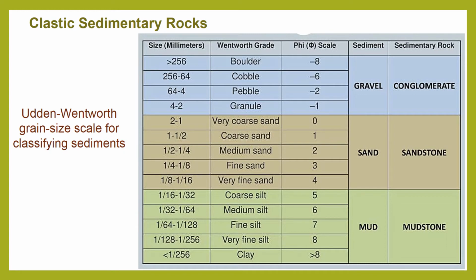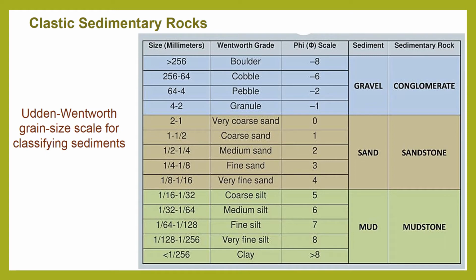Then you have the other category, from 2 millimeters down to 1/16 millimeter, which is the sand, starting from very coarse grained sand till you get to very fine grained sand. This category of sediments we call sand, and the representative rock is called sandstone.